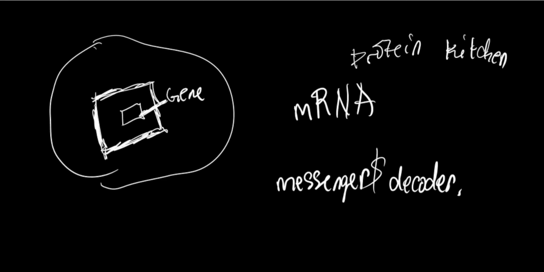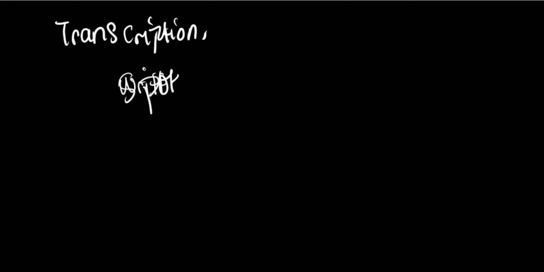Now, this function is what we call transcription. So the first step in protein synthesis is the transcription. Now, if we're familiar with some transcription software or a transcriber, when you make use of a transcription software, the software converts spoken words into written words.